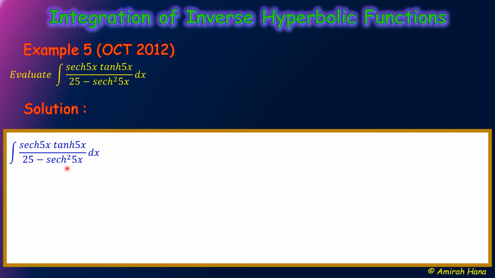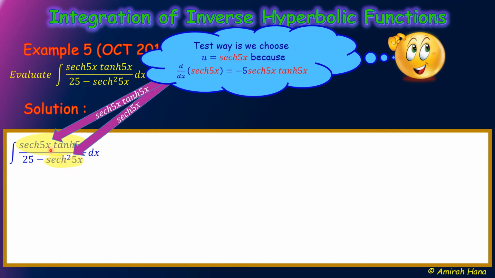From the given question, we have numerator sec 5x tan 5x, and in the denominator, inside the square, we have sec 5x. The relationship between them is that when we differentiate sec 5x, we get a term containing sec 5x tan 5x.